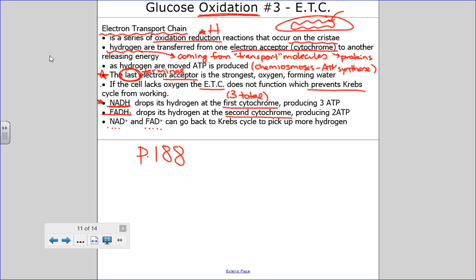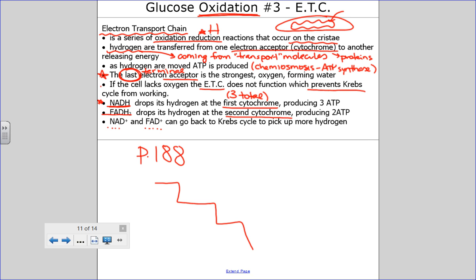So on page 188 of your textbook, the way that the electron transport chain is represented is by a set of stairs. At the bottom of that page, you've got a set of stairs, and it's showing some things coming in and some things going out.